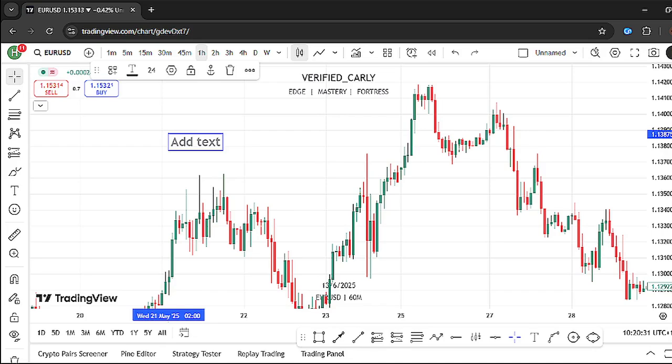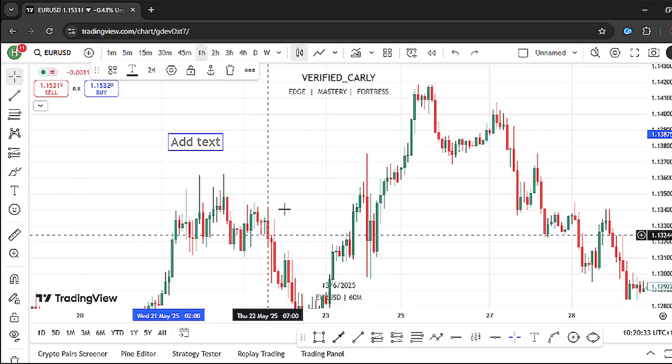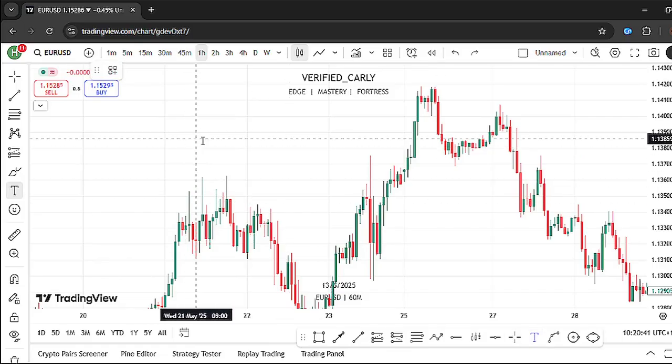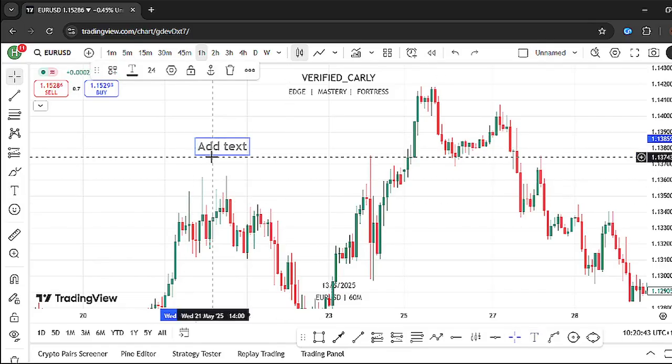So us as smart money concept traders, we don't just guess entries. We read the structure to see what the banks might be doing. So we have two types of market structure. The first one is the bullish structure, which is also known as uptrend, when price is trending up.